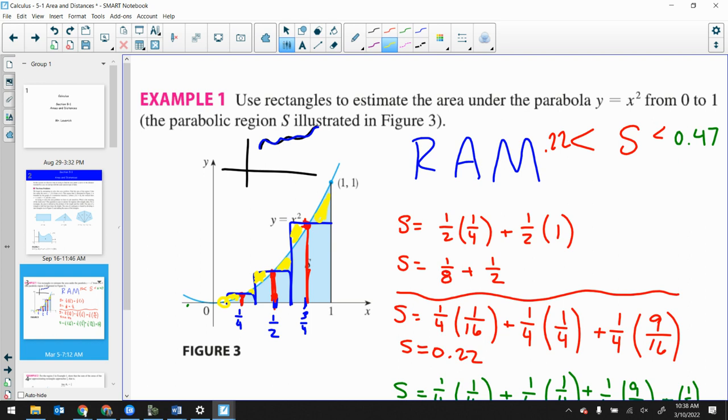So while it may be very good to get a good approximation by using that midpoint, is it still equal? Can I say that it definitively must be that area? No. We can't use that. That's why this is just an approximation of what it's going to be.